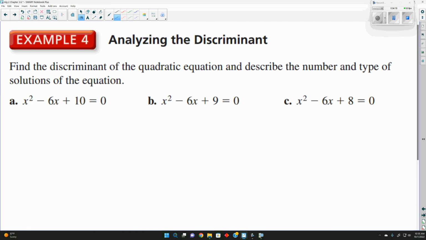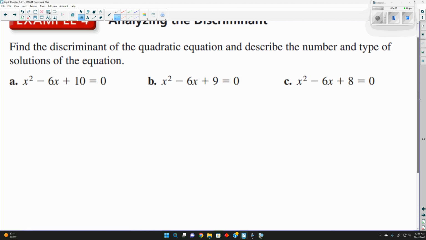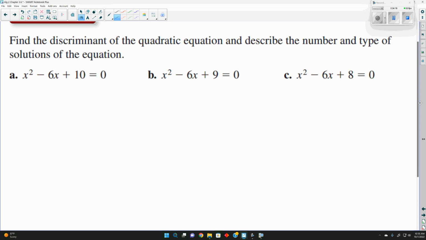So if we look at these three here, find the discriminant of the quadratic equation and describe the number and type of solutions of the equation. If we look at the first one, we'll need both of these equal to 0. The discriminant is our b squared minus 4ac. Well, the value of b in this case is negative 6 squared minus 4, a is 1 and c is positive 10, yes?